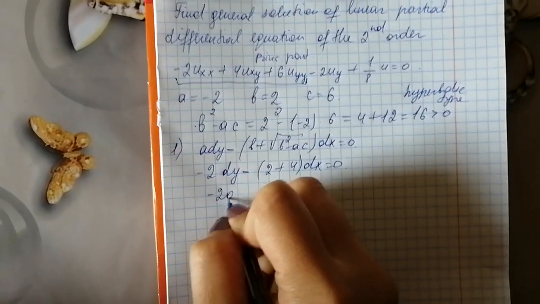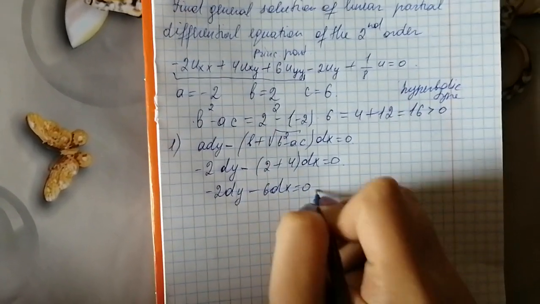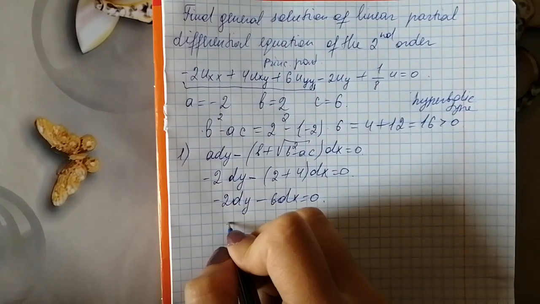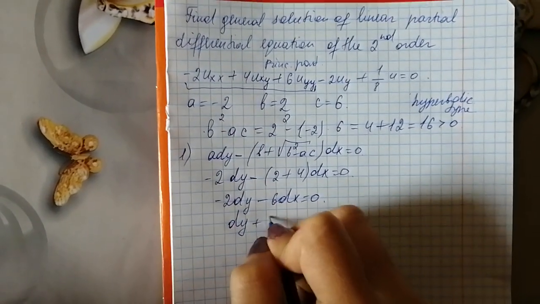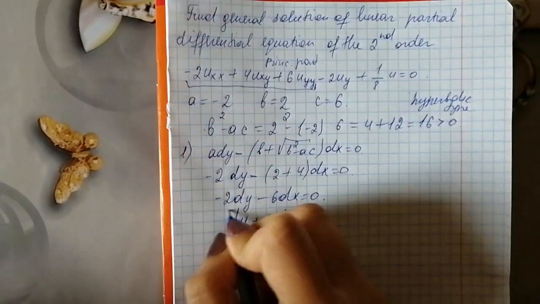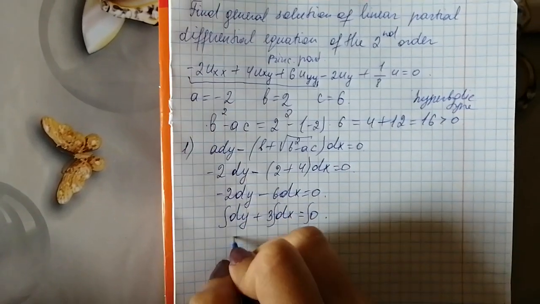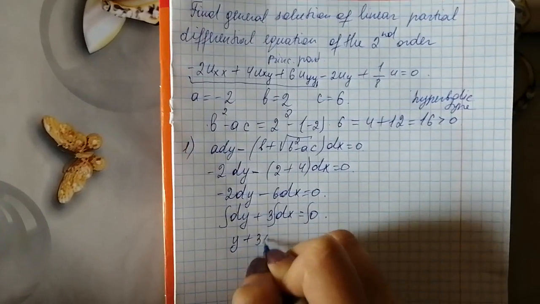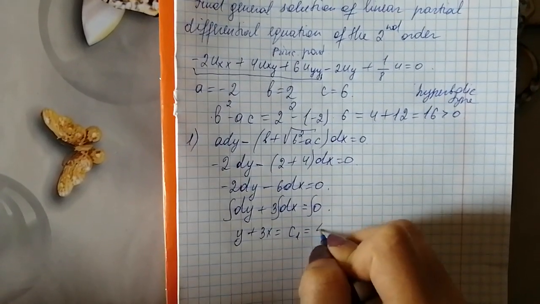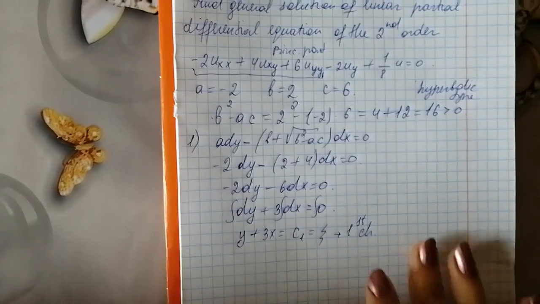Now negative 2 dy minus 6 dx is equal to 0. Then we can divide it by negative 2: dy plus 3dx is equal to 0. And let's integrate both sides of equation. Then it's going to be y plus 3x is equal to some constant, for example c1, and it's equal to xi. And this is our first characteristics.